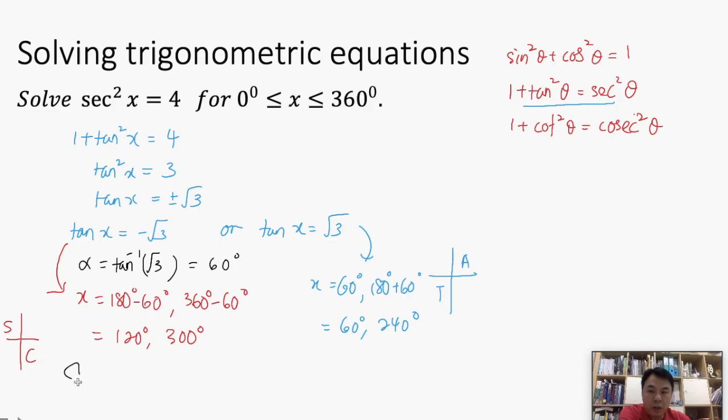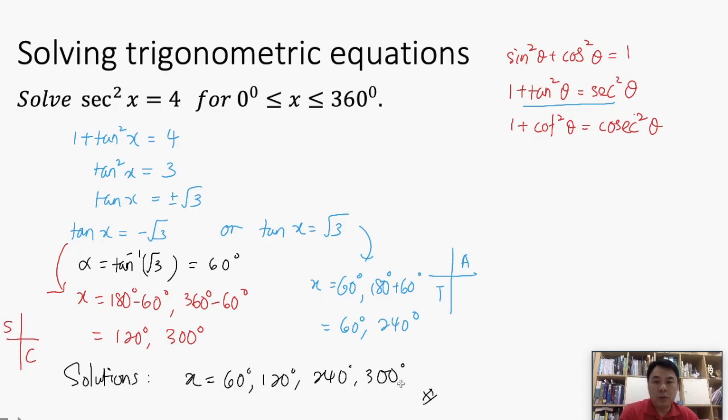Therefore, my overall solutions will be, if I arrange them in ascending order, 60, 120, 240, then finally 300. As you can see, the answers using the previous method and this method are exactly the same. If they are not the same, well, it's time for us to do some rectification.